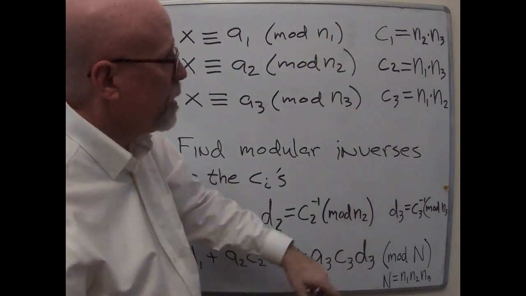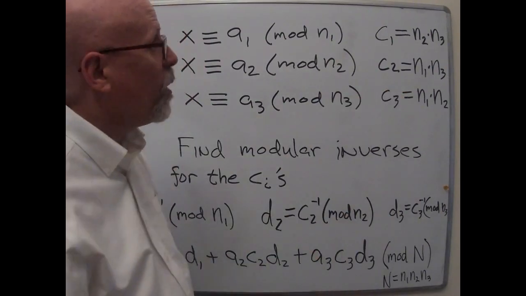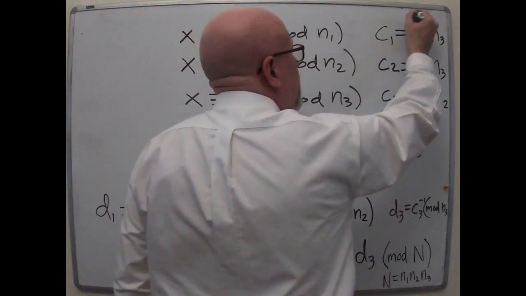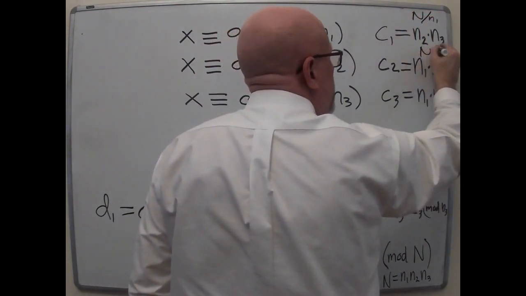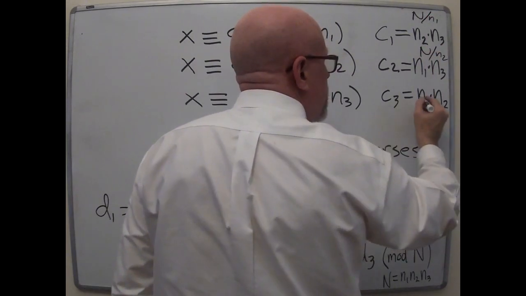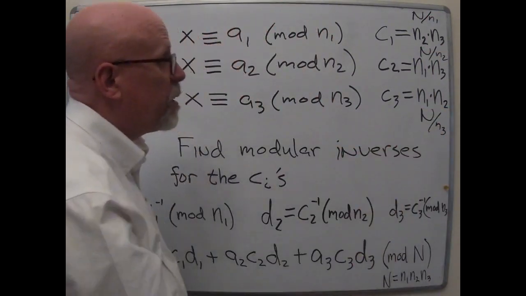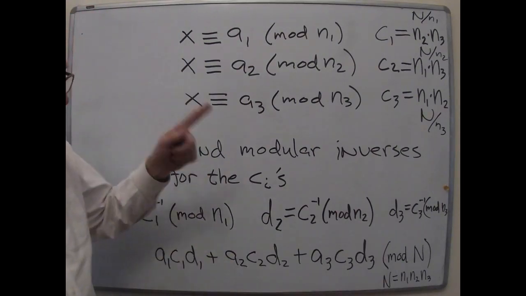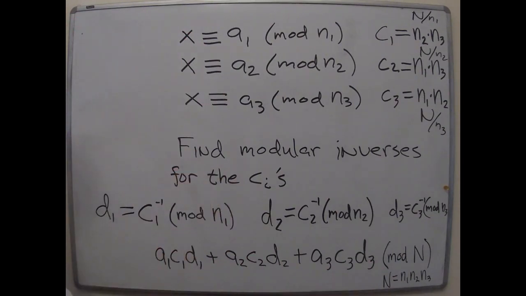Rather than try to write them all out because you don't know how many there are, you'd write something like N divided by N1 here, and N divided by N2 there, and N divided by N3 there, and so on. That you can continue. Where again, N is the product of all of them, not just three of them, but if there's k of them.